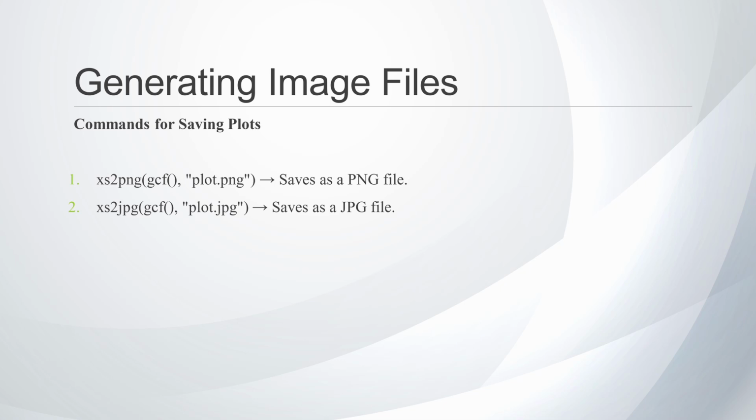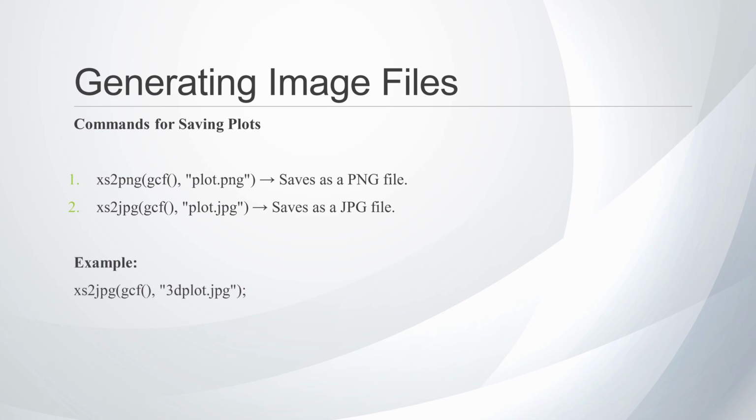In Scilab, we can save plots using simple commands. For example, the xs2png command is used to save the plot as a PNG image, while the xs2jpg command is used to save it as a JPG file.